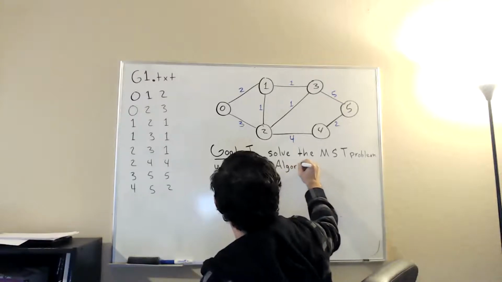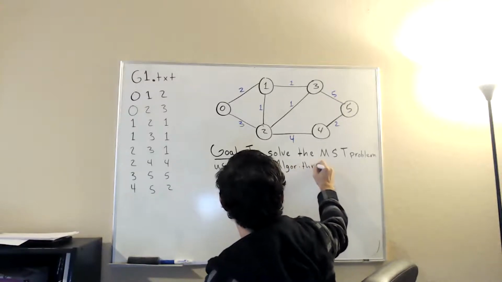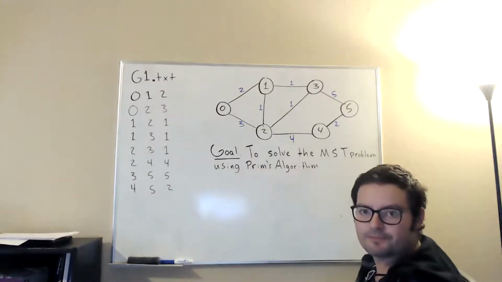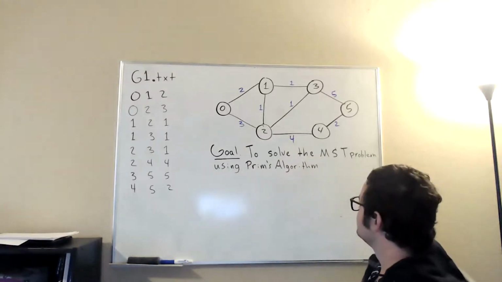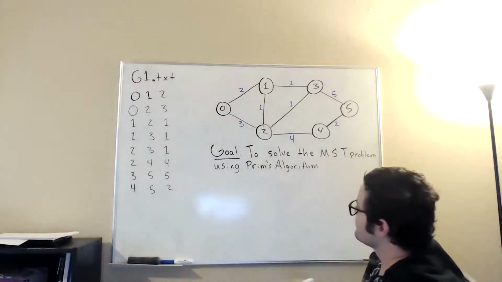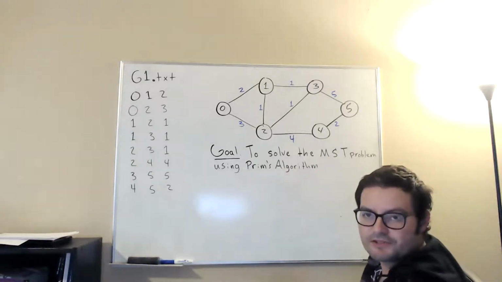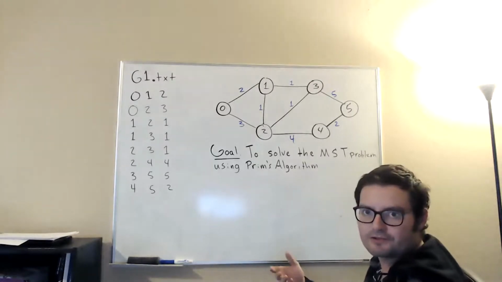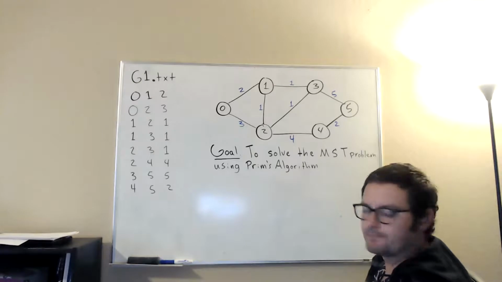Okay, and the previous few lectures that I've posted have gone into the details behind how we do this, right? We've talked about Prim's algorithm, and in my most recent YouTube video, I broke down each of the steps required to solve Prim's algorithm, right?